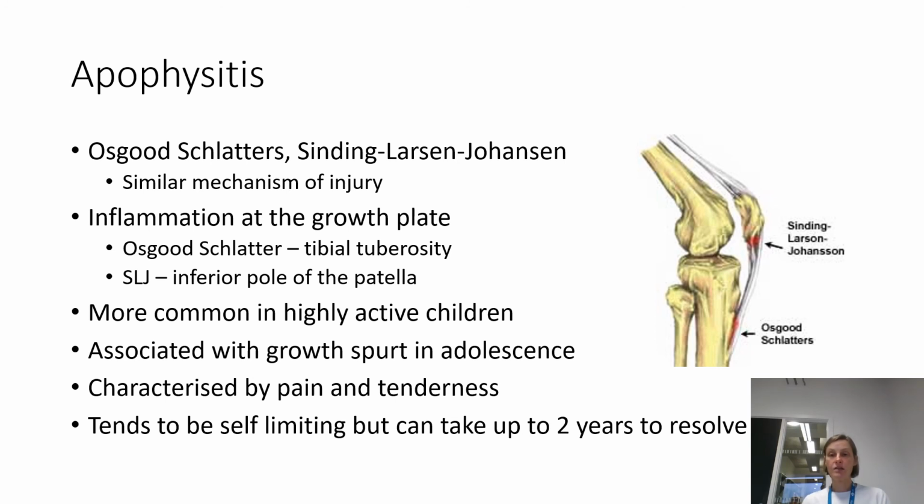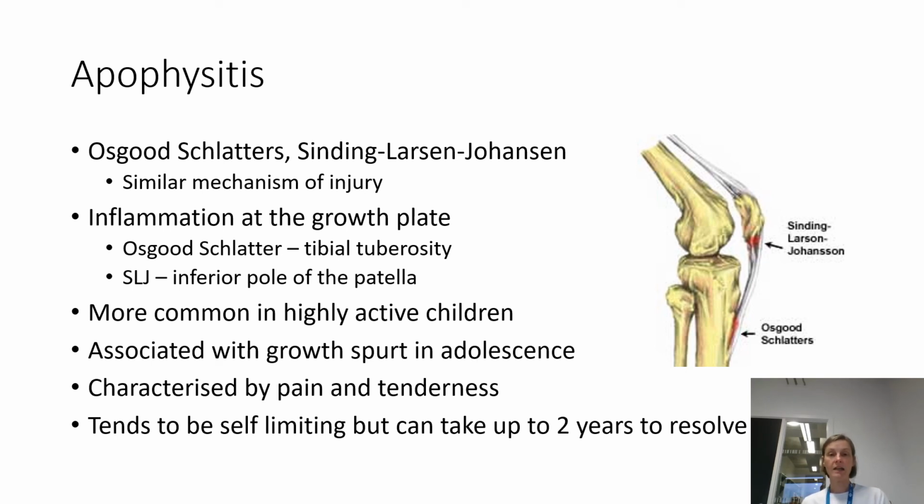So it's at the epiphyseal growth plate, and it's thought that highly active children who are putting a lot of force through the tendons find that the tendons begin to pull on the epiphyseal growth plate and cause an irritation and inflammation of that growth plate. So it's more common in active children and often associated with a growth spurt in adolescence.